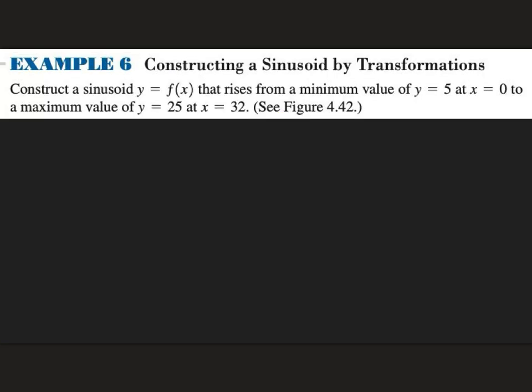Okay, so let's see what we got here. Construct a sinusoid that rises from a minimum value of 5 to a maximum value of 25. So if I draw the graph, we have a minimum value at 5.